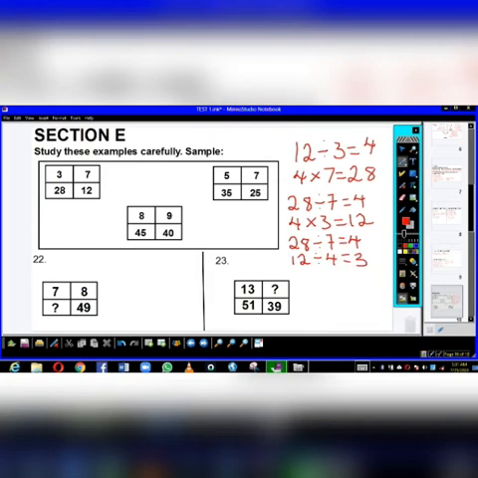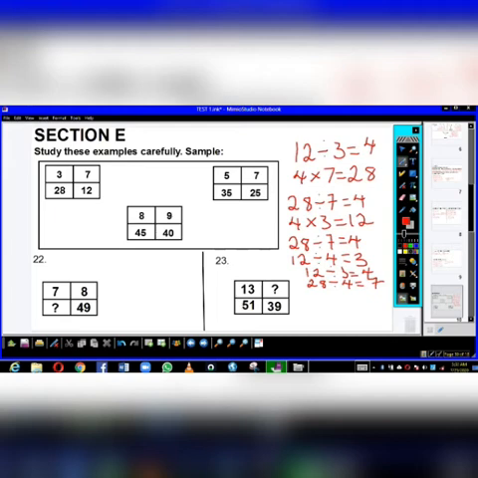Now how do we look for 7? It's simple. 12 divided by 3 is equals to 4. You now say 28 divided by 4 is equals to 7. We're going to use the working here to find the value of the missing numbers in 22, 23 and the rest.